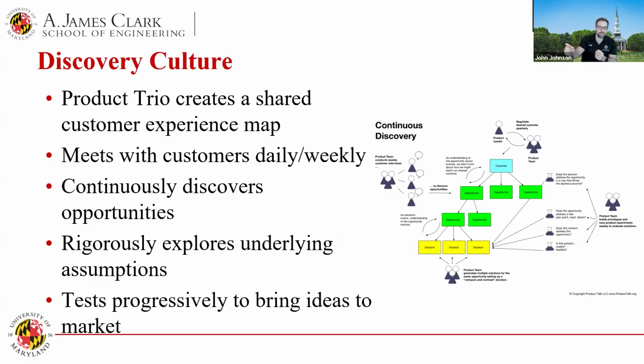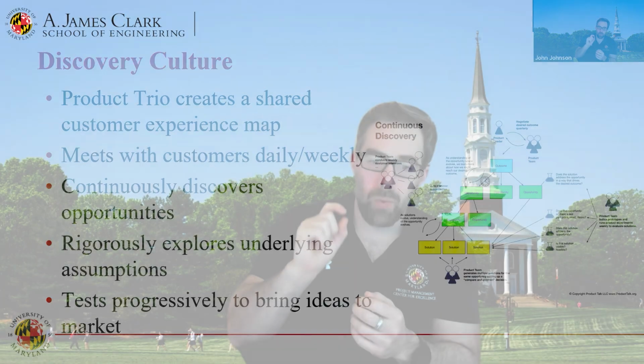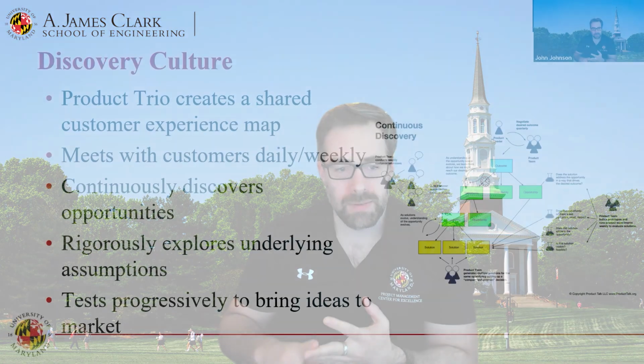And that shared experience map is going to be a place where you can look for different outcomes and opportunities. And what we want to do is make sure that our team is regularly meeting with customers to learn about what their opportunities are. And we're talking about any problems to solve, any desires that can be enhanced. And we want to make sure that we are delighting the customers as well.